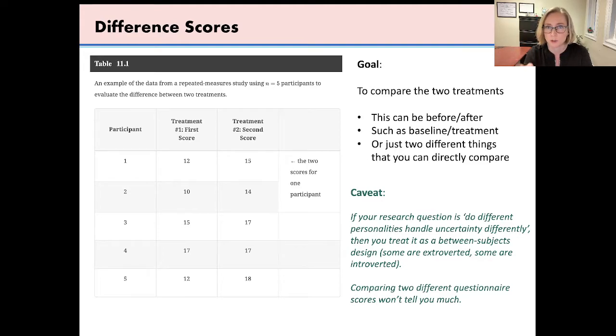Right, so there you can do a within subjects t-test, but you're going to be doing it separately on whatever personality trait you decided to do. You're going to separate them into different groups and see, does the low neuroticism group do this? Does the high neuroticism group do this?